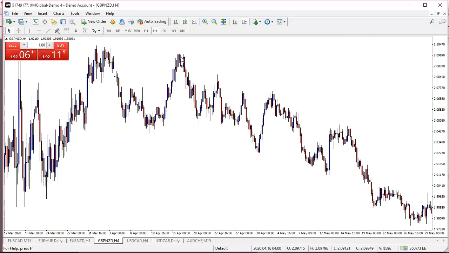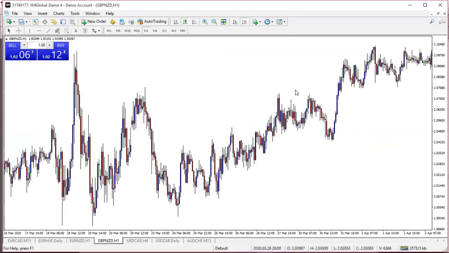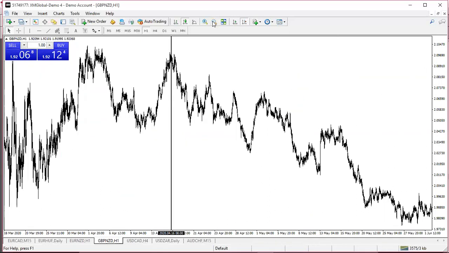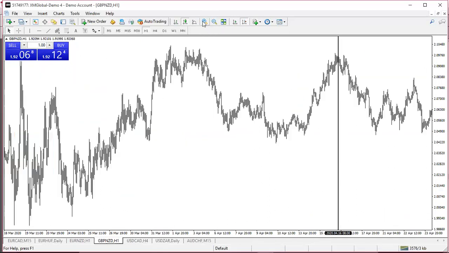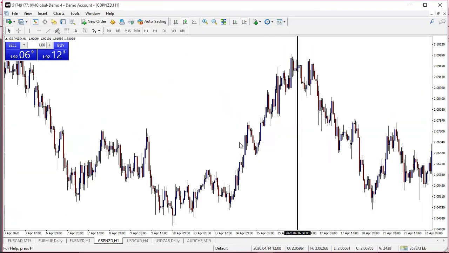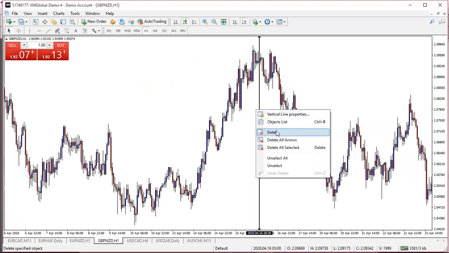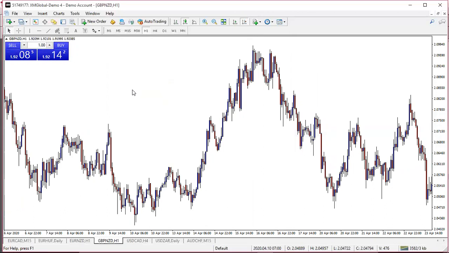This maybe is a double top, a good double top on H1. I'm sure. Show on a smaller time frame. Yeah, it is. Look on H1. Formed.